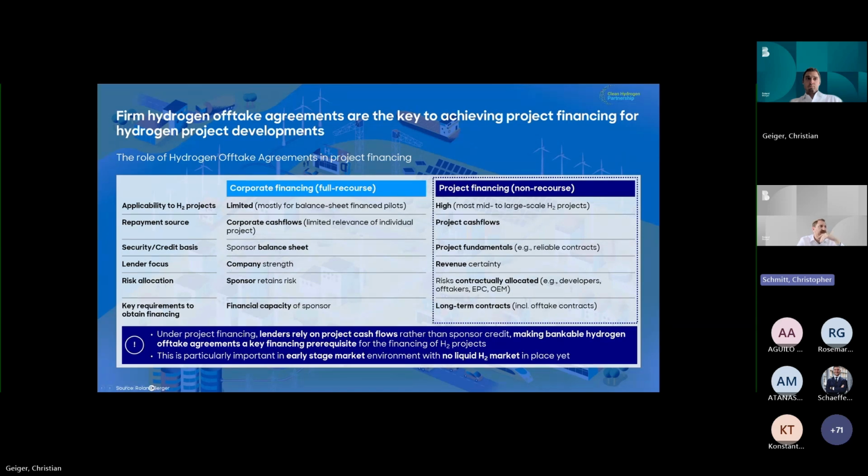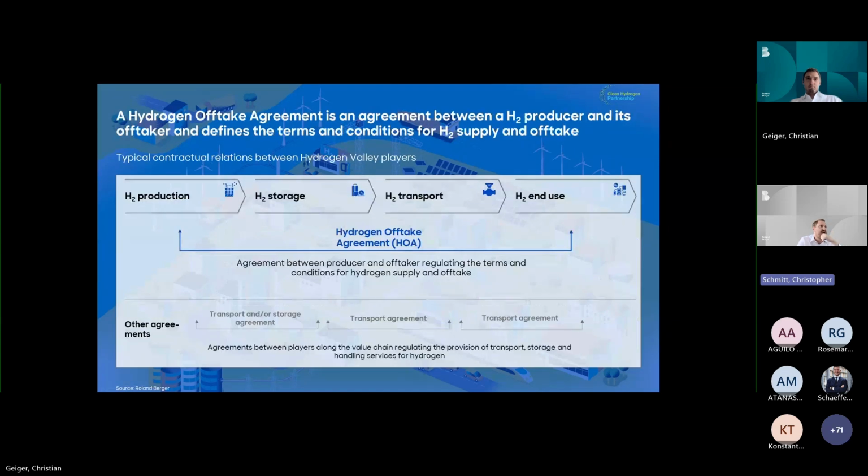So that being said, let's have a look at what an offtake agreement actually is in the overall architecture of a project. Of course, you have many different agreements in place, but it's the key commercial agreement that is concluded between the H2 production asset on the one hand and the H2 end users, where the ultimate application areas sit, the off-taker, so to speak. And then, of course, you can have various other commercial agreements in between that can be struck between different parties.